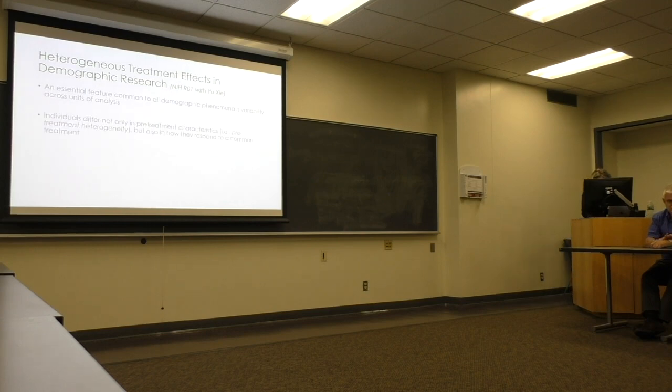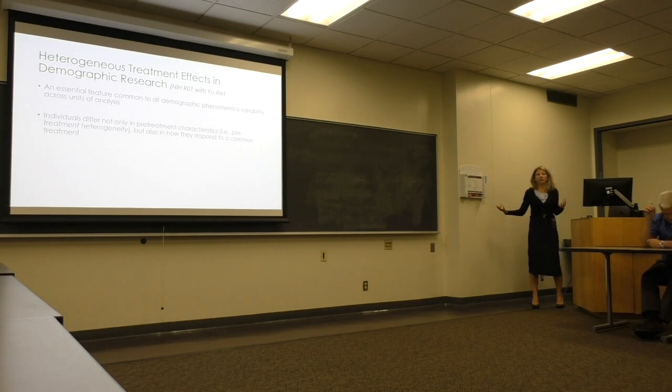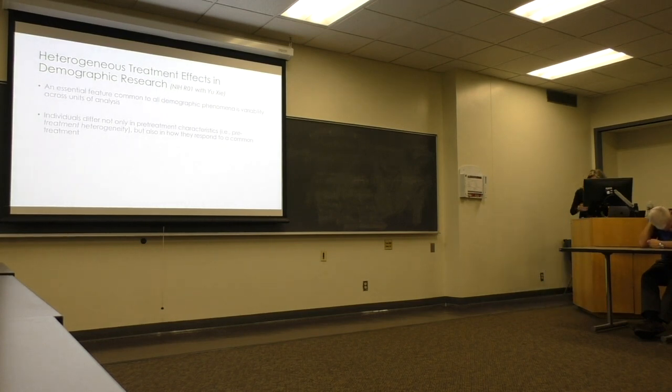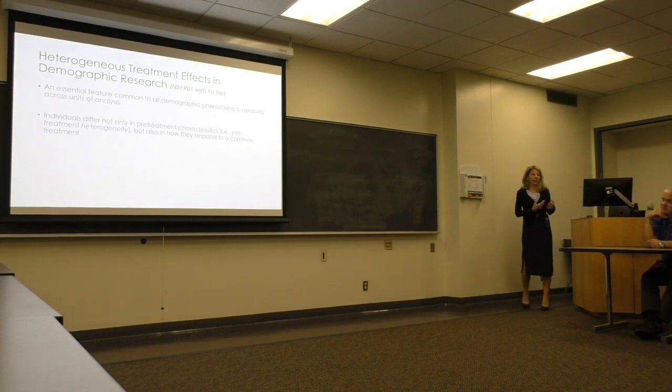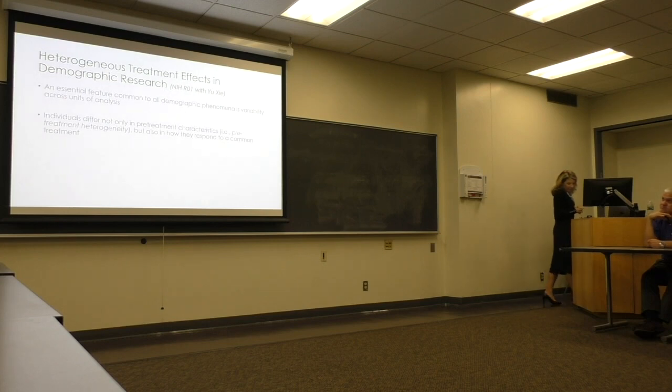So individuals differ not only in pre-treatment characteristics, all those characteristics that come before someone experiences an event or an intervention, but also in how they respond to a common treatment. And we've been calling this type of variability treatment effect heterogeneity.